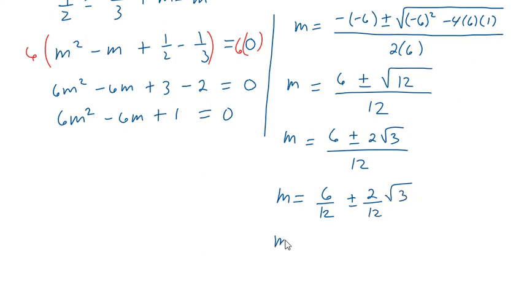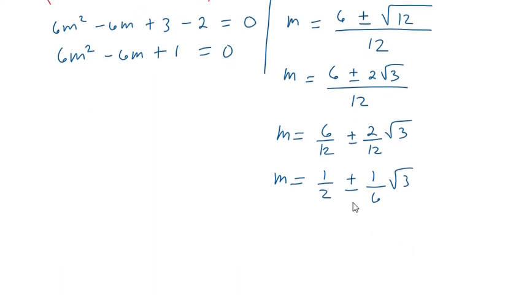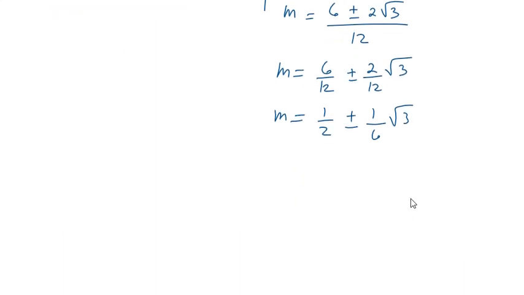So if we simplify this further, we get 1 half plus minus 1 over 6 square root of 3. Okay, so we take the smaller value of m. So the smaller value is just 1 half minus 1/6 square root of 3.